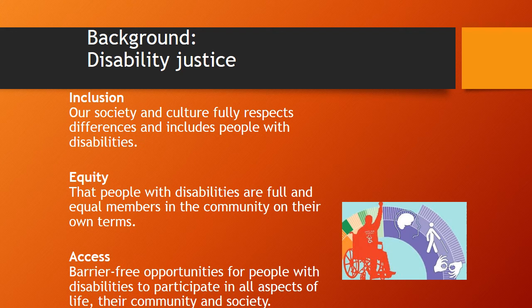So disability justice is a social movement that has been mostly built by disabled people of color. It is based around three major ideas: inclusion, equity, and access. So inclusion is full respect of differences and inclusion of people with disabilities at every level, not just in a basic way. Equity, the people with disabilities are full and equal members in the community on their own terms.